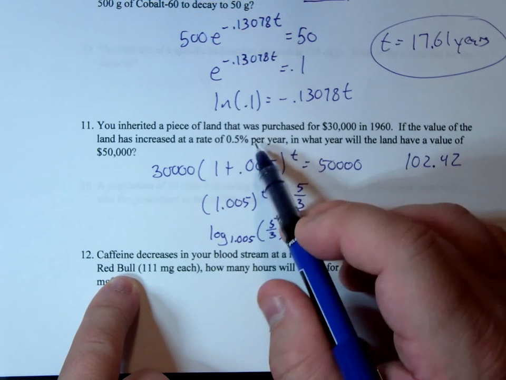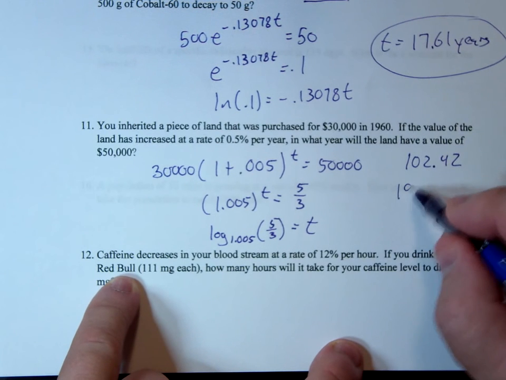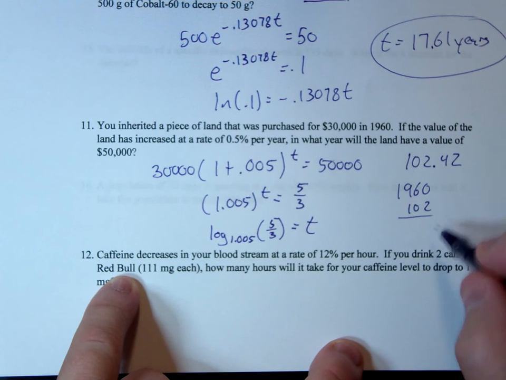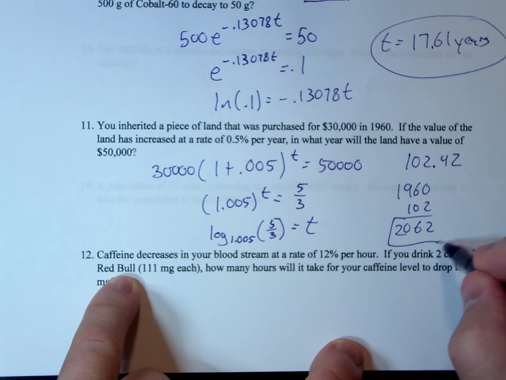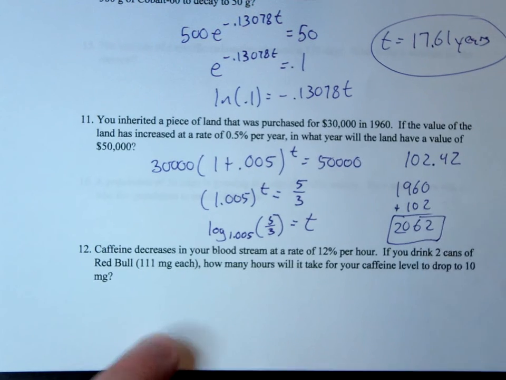But that's not the question. It's in what year. So if this started in 1960, 102 years later means it will be worth that in 2062 when you add the 102 years.